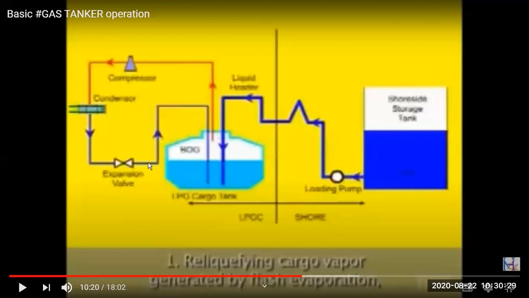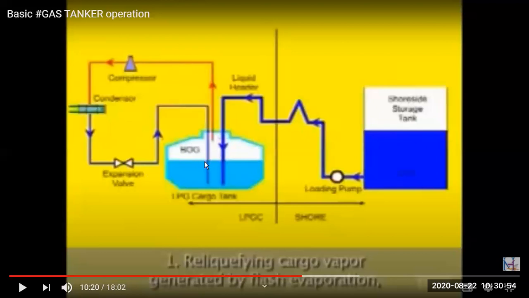So the volume increases, pressure decreases, temperature also will decrease, like you have in your AC also. So the liquid will expand and become gas, and temperature will decrease, and cooled liquid and vapor will come down here. So this is a simple cycle of your reliquefaction plant.